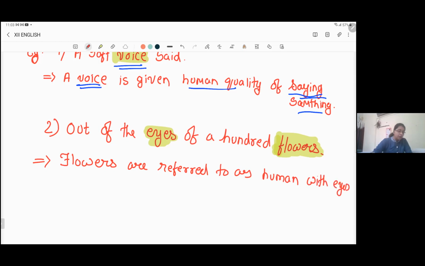Flowers are referred to as human with eyes. Clear?